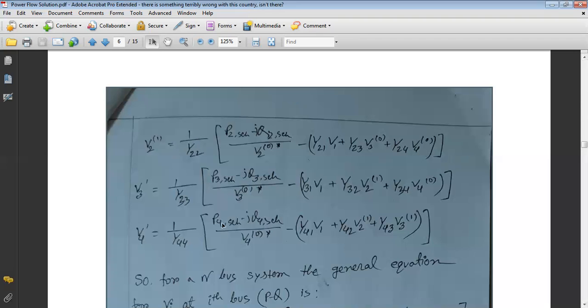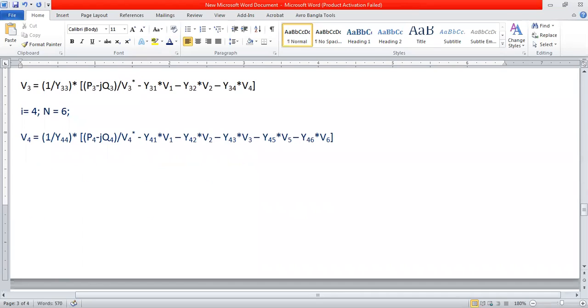So we want to satisfy the tolerance level.